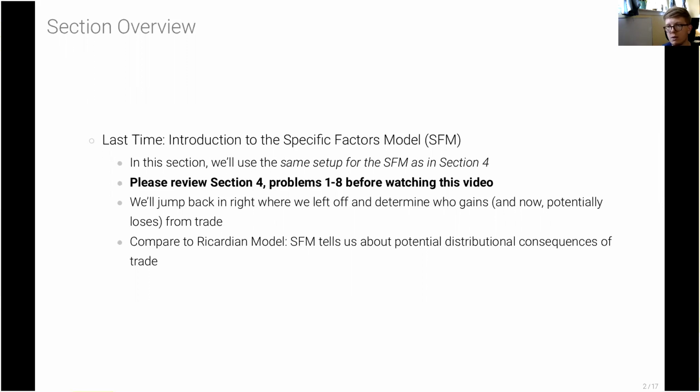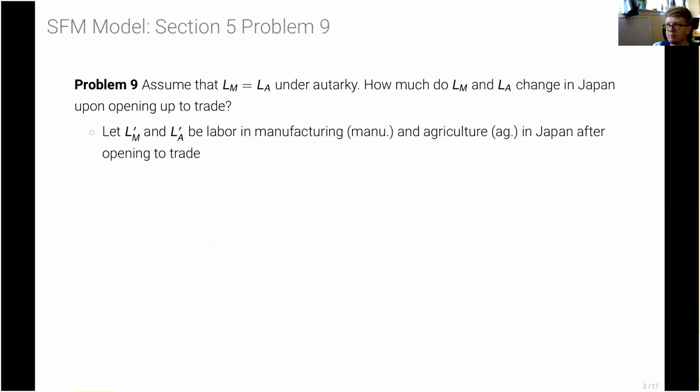Now the specific factors model can tell us about the potential distributional consequences of trade. It might not be that everyone gains from trade; trade might create winners and losers. I'll come back to that point when I get there. As I said, I'm going to jump straight in where we left off in section 4, problem 8.